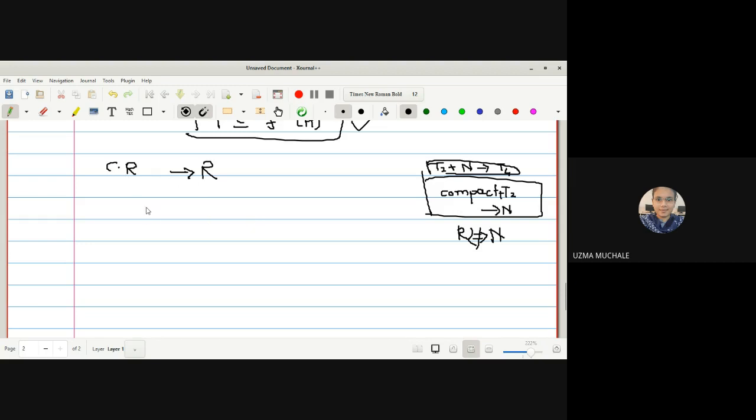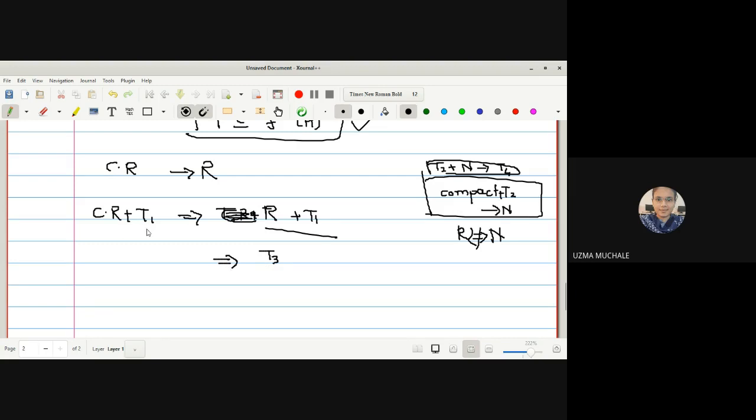Now in this definition I will add completely regular plus T1. In both places I have only added the property T1, right? This is simply regular, regular plus T1. What will regular plus T1 be? T3 space.